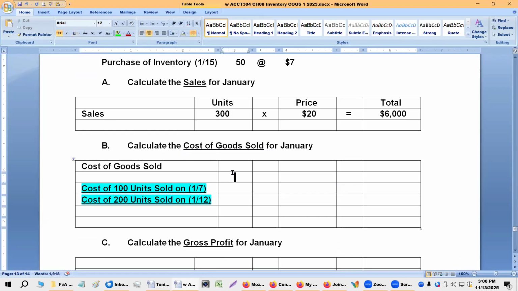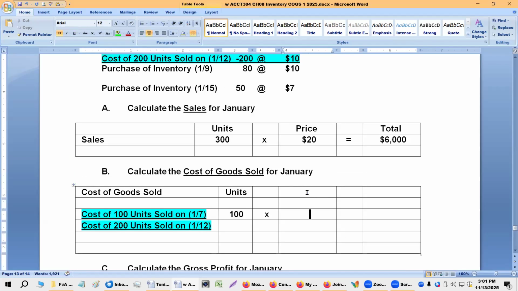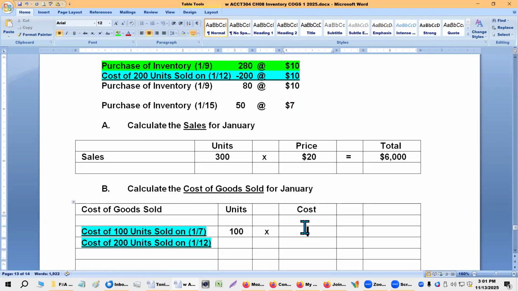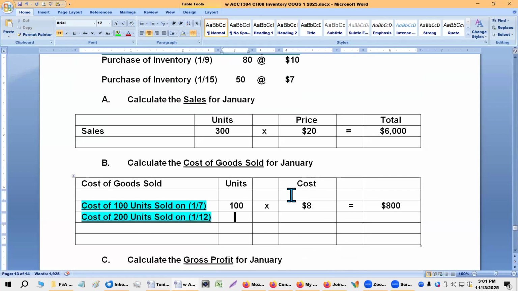Okay. So we have units, under units. So the cost of those units were $8. And we also sold 210, at a cost of 10.